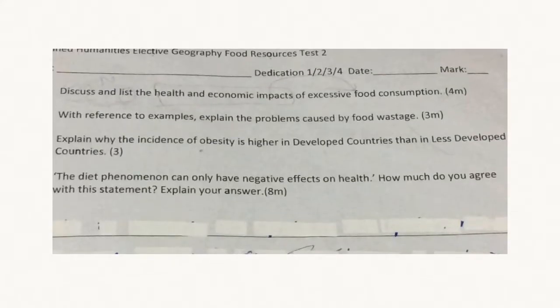Now, for question 3, we're looking at explanation as to why the incidence of obesity is higher in the developed countries than in LDCs. So there's a need to focus on the difference between a DC and LDC and whether it is actually true that you do have more obese people in DCs. So let's take a look at another example.